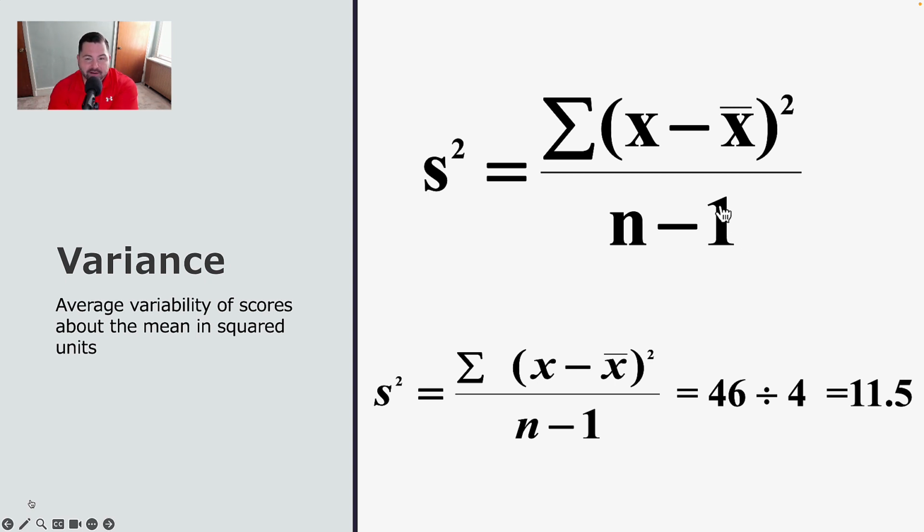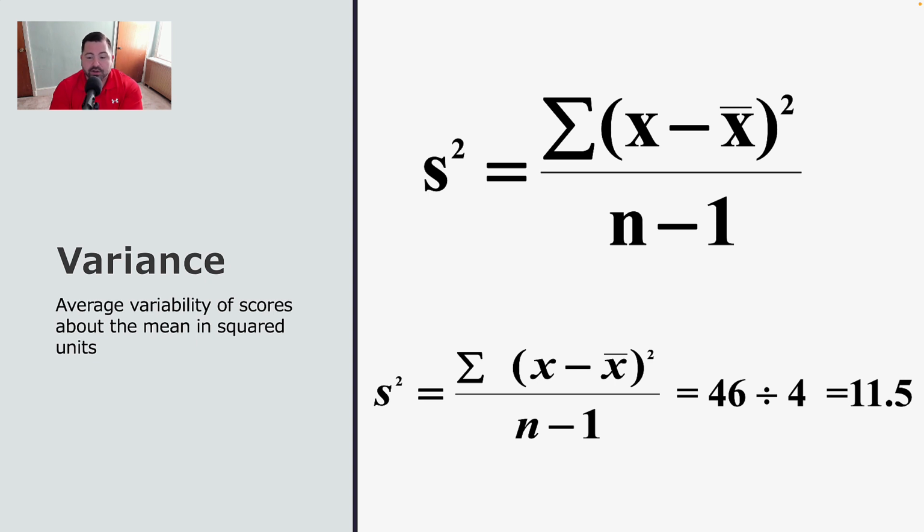Mathematically, the variance is going to represent the average variability, or on average, how far apart is any one person in the data from the average mean value. So the variance tells us what is the average variability of how every single person in the data set typically varies from the average value in the data set.